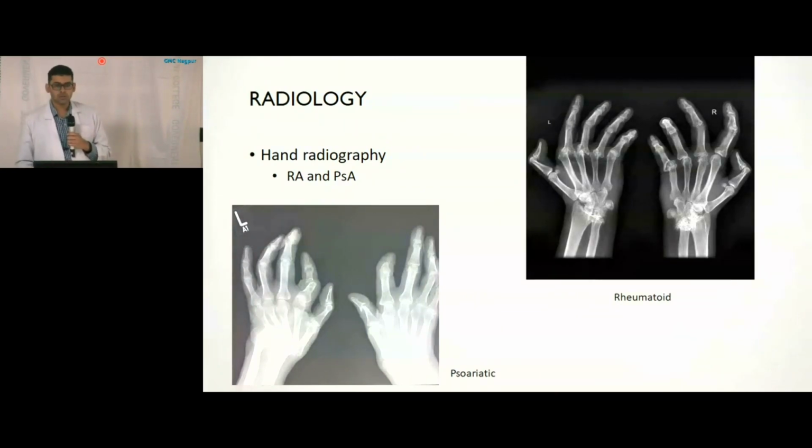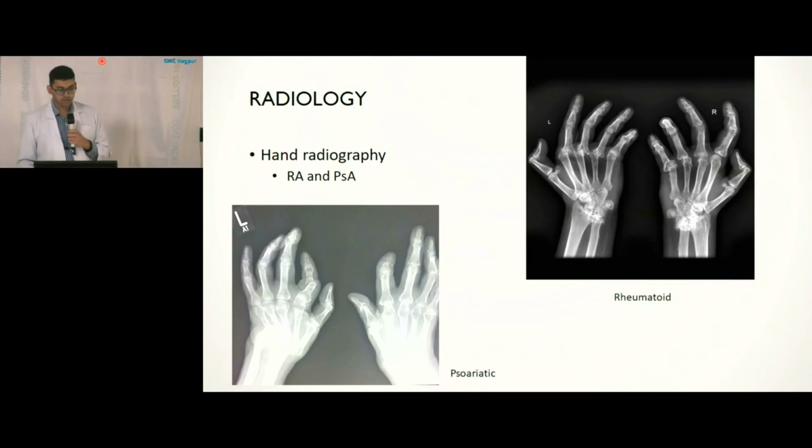These are called erosions. What we are most concerned about treating is this: irrespective of etiology, irrespective of which antibody is present, irrespective of duration, if the patient is showing erosion, if you are able to document even one erosion, that patient needs to be started on treatment.